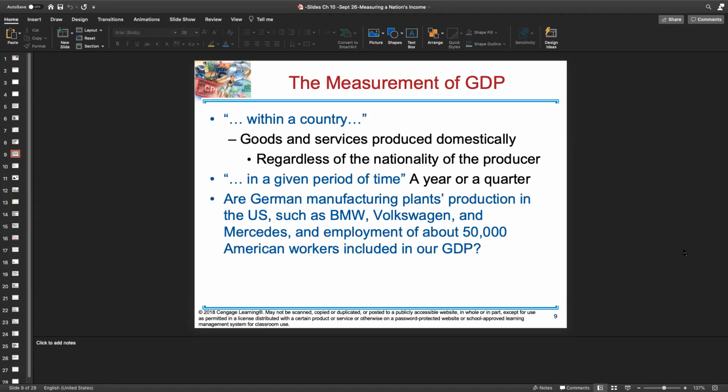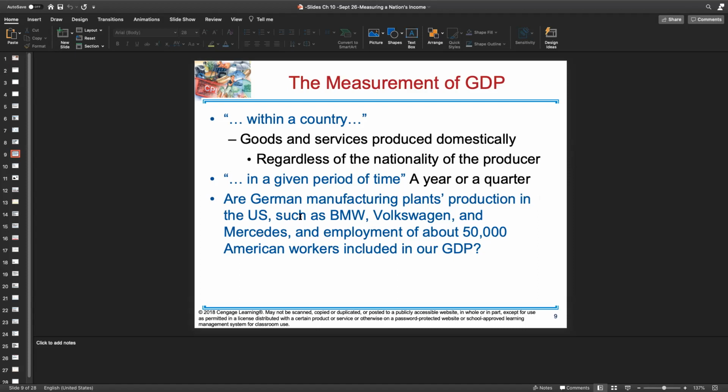So again, the measurement of GDP should be within a country: goods and services produced domestically, regardless of the nationality of the producer. So it could actually be Japanese producers producing in the United States in a given period of time, a year or quarter.